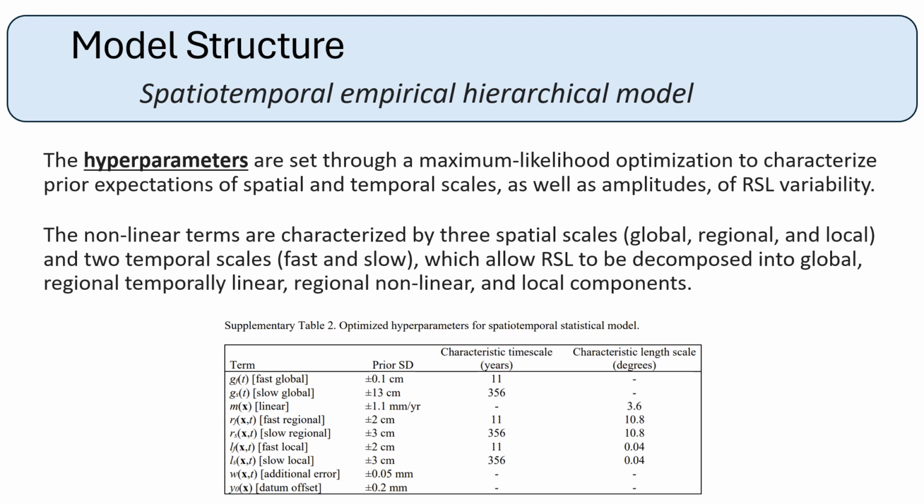And then a characteristic length scale in degrees that are set for the linear, the regional, and the local terms as well. So this is the basic model structure in MATLAB, having this process level, data level, and setting these hyperparameters so we can set our spatial and temporal scales.